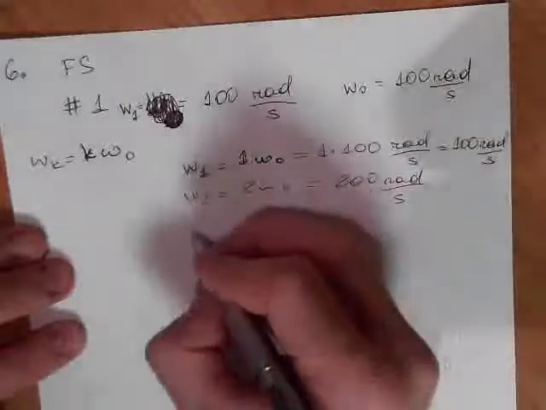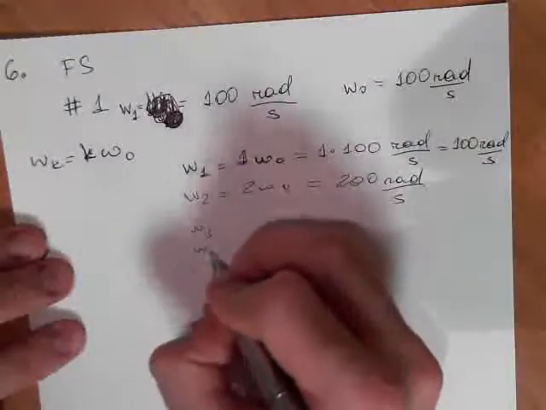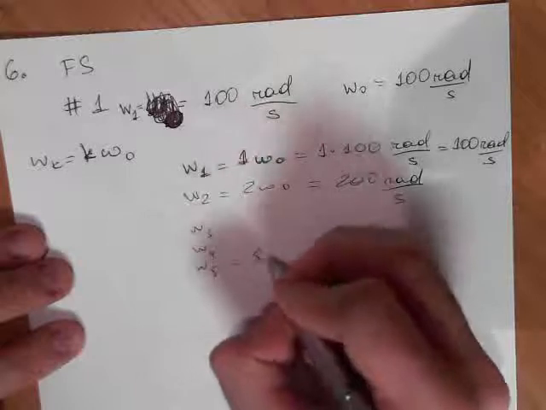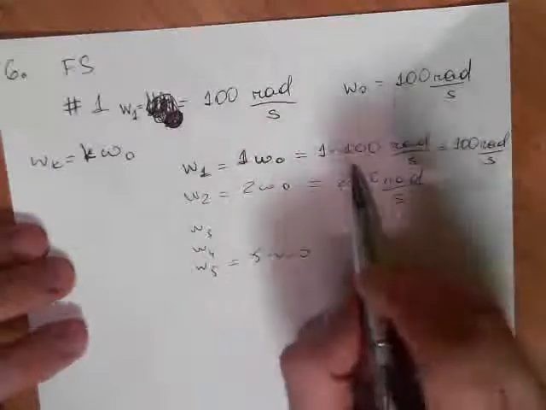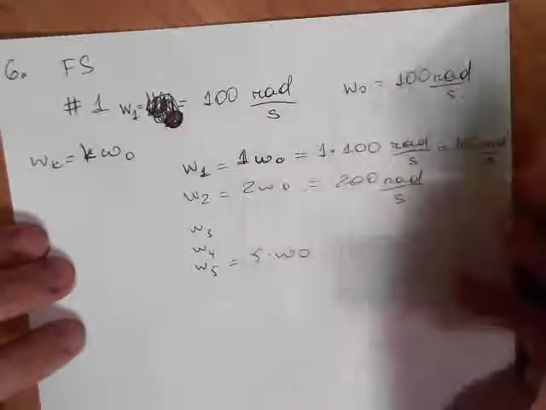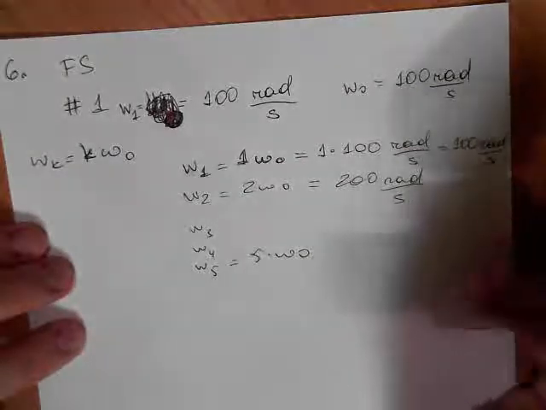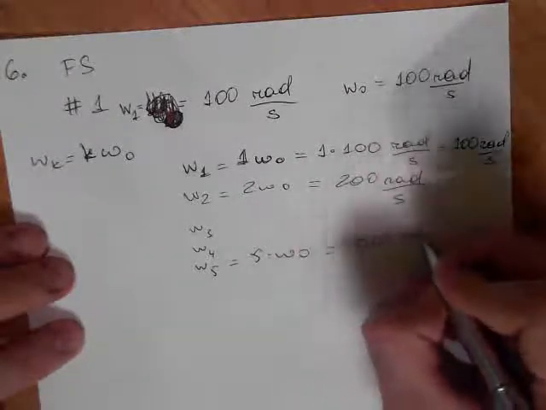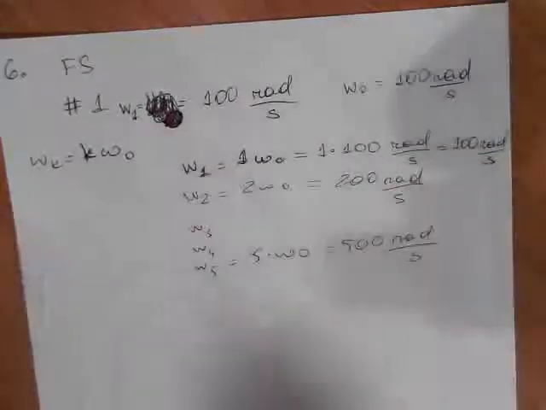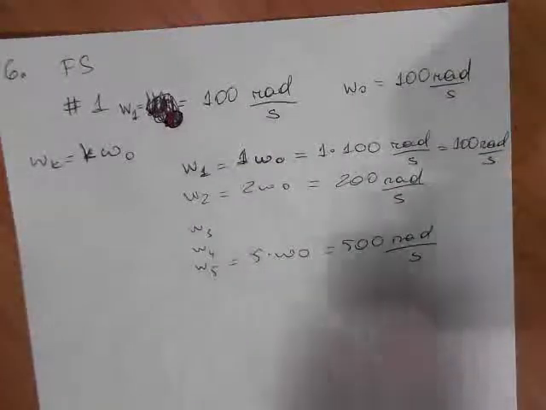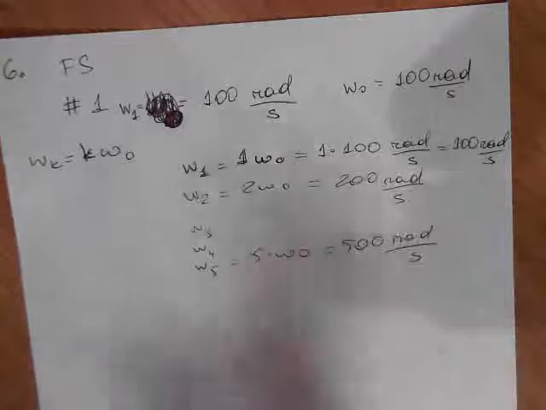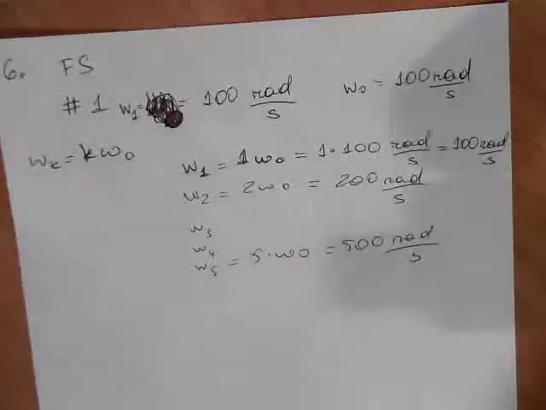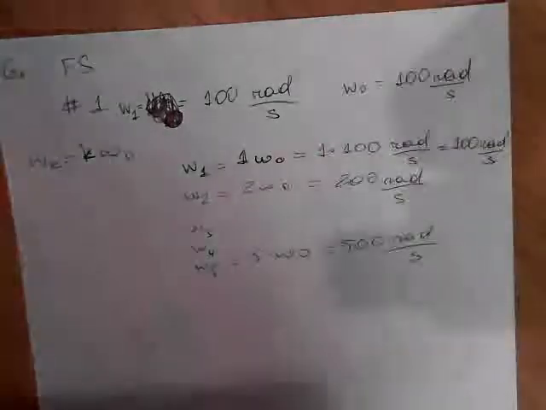As we go to 3, 4, 5, we get 5 times omega 0, and since omega 0 is equal to omega 1, 5 times omega 0 is 500 radians per second. So basically there is no trick, just a multiplication, just for you to know how to determine it: it's frequency multiplication in Fourier series.